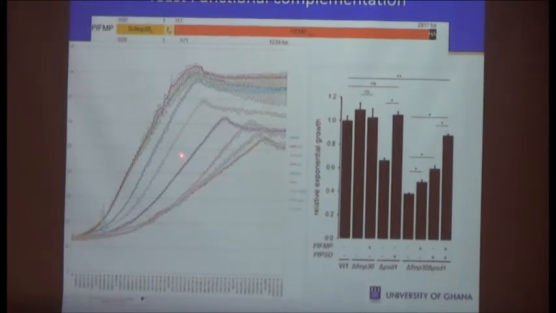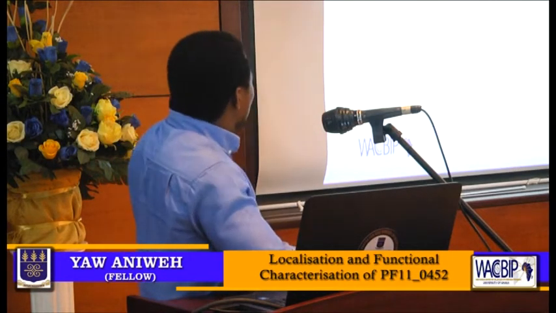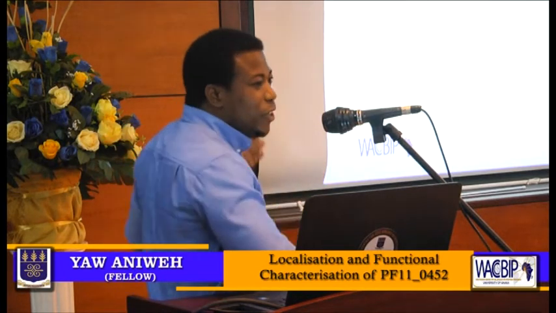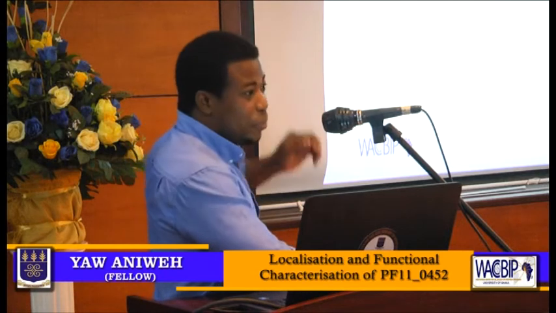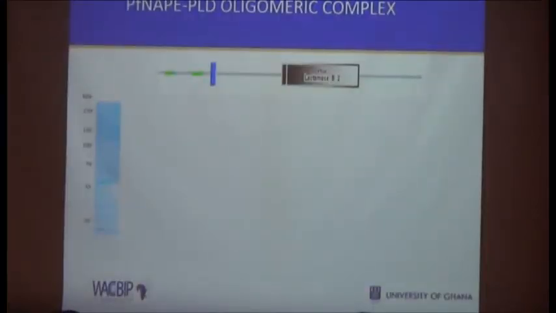So as you complement, you slowly restore the function. And this is shown here clearly. So what this tells us is that we are likely characterizing the Plasmodium falciparum phospholipase D enzyme, which helps the parasite in one way or the other in carrying out some function.